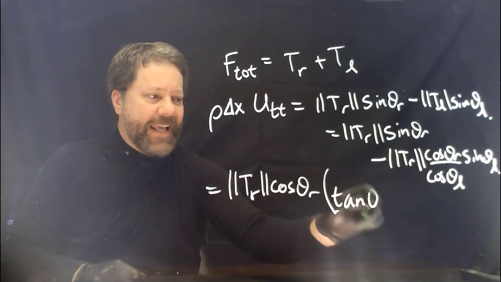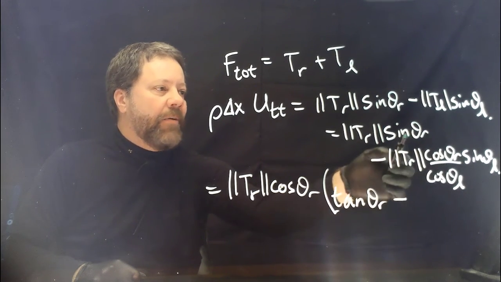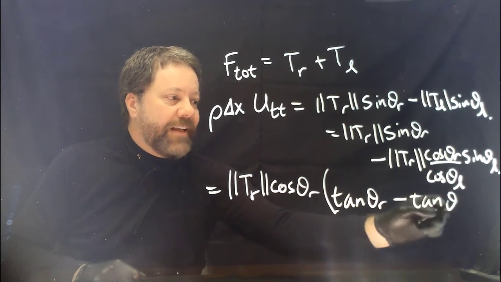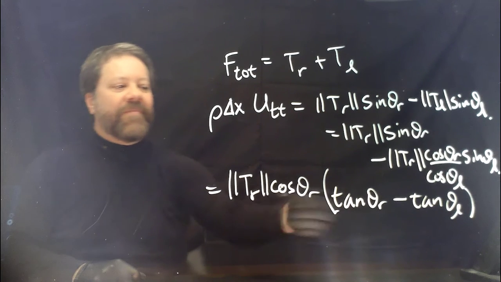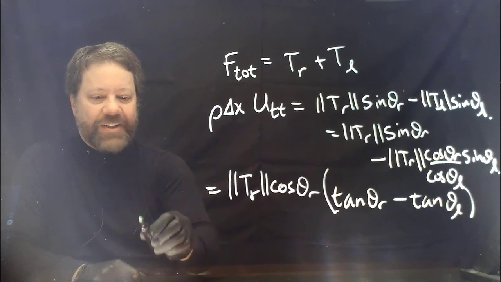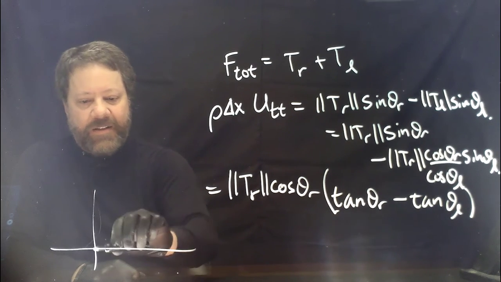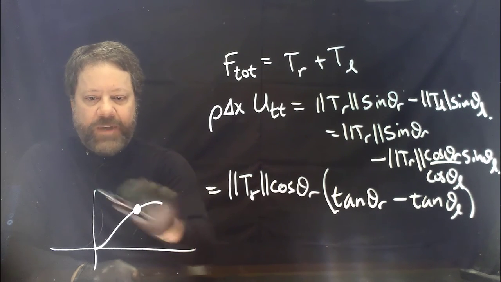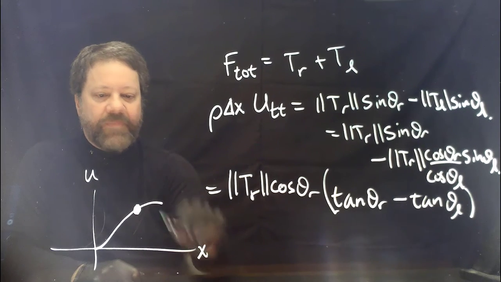We'll end up with tangent theta on the right minus tangent theta on the left. Now, about the tangent of theta. If our little curve is like this, we have u as a function of x.